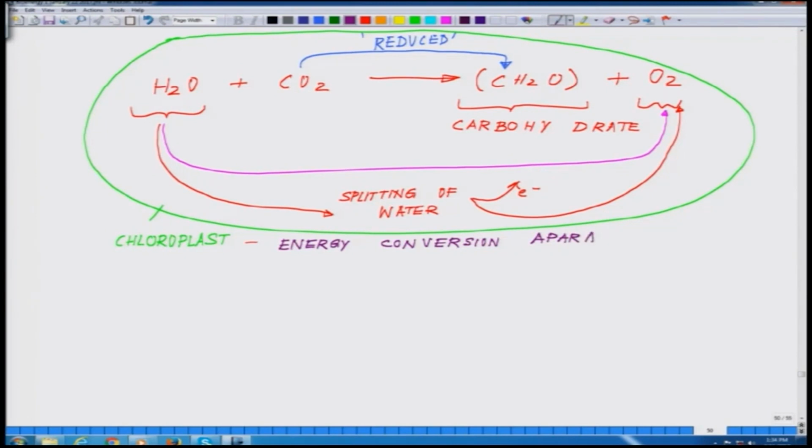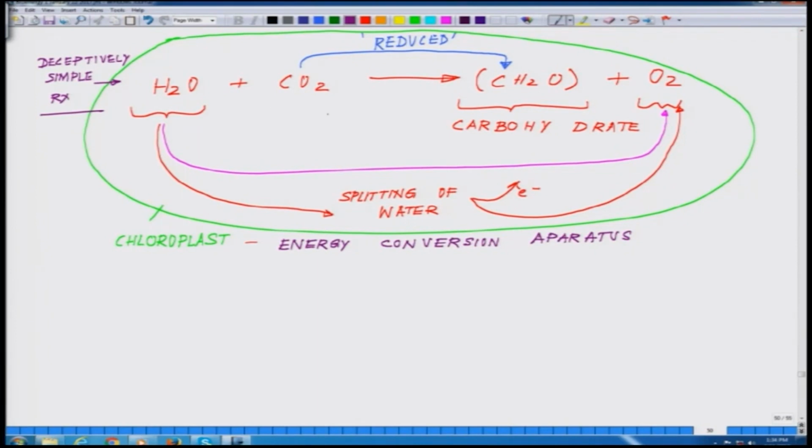Talking about the chloroplast, as I told you, this is one deceptively simple reaction, and there are a lot of proteins.